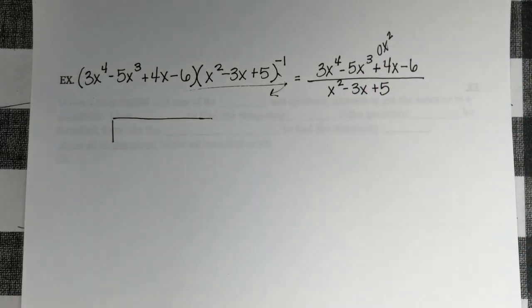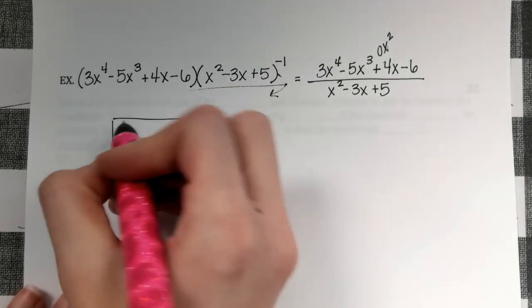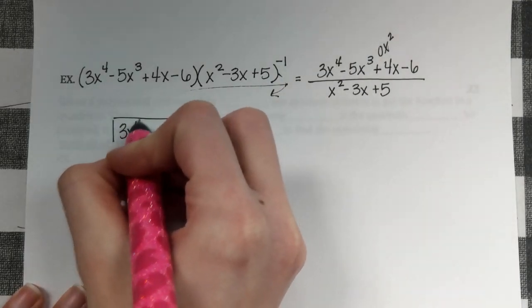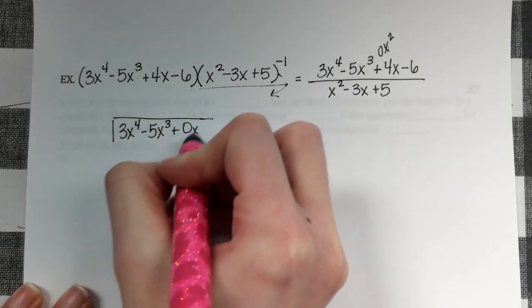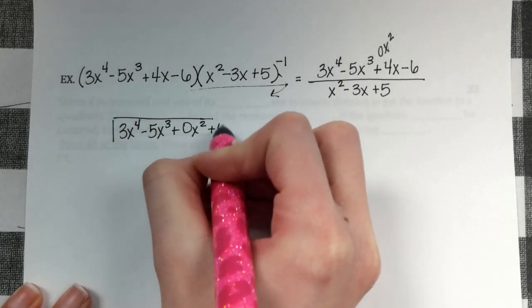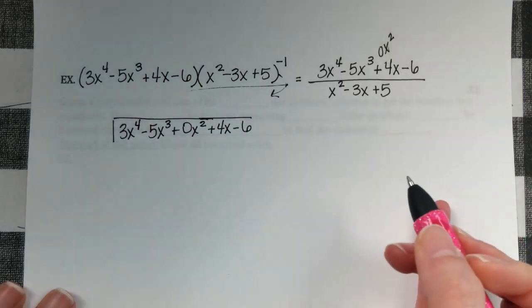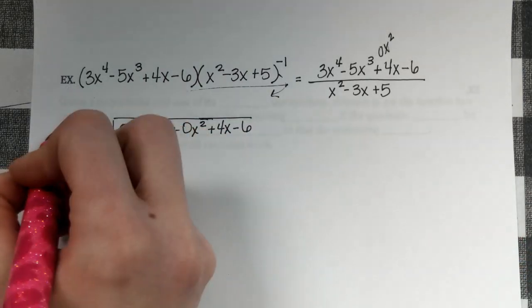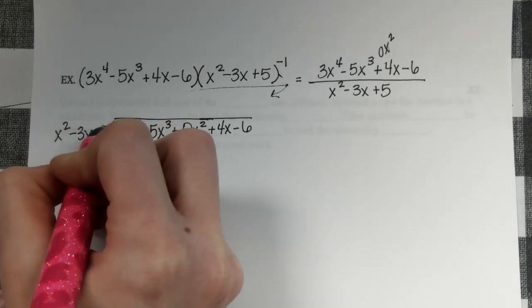So I need to make sure I have a 0x squared when I write it, when I do my long division. Okay, so I have 3x to the fourth minus 5x cubed plus 0x squared plus 4x minus 6. And all of that is divided by x squared minus 3x plus 5.